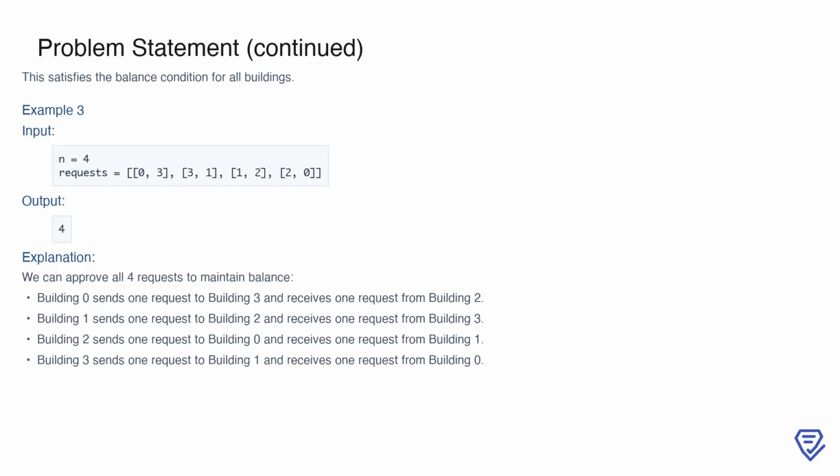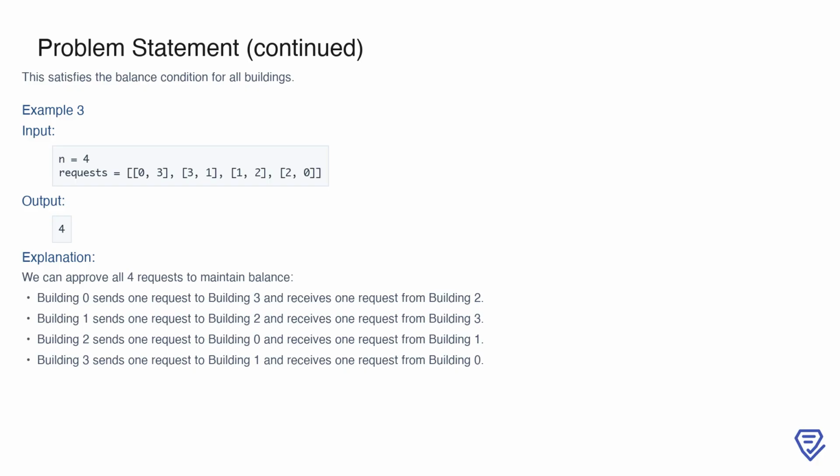Let's move on to another case. Here, we have 4 buildings and the following requests: [0,3], [3,1], [1,2], [2,0]. The output is 4, meaning all 4 requests can be approved. Let's see how this works. Building 0 sends a request to Building 3 and receives one from Building 2, so its net change is 0.